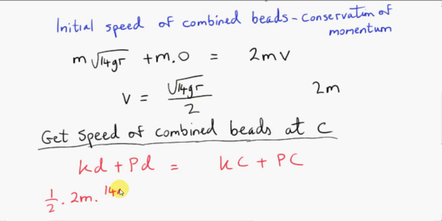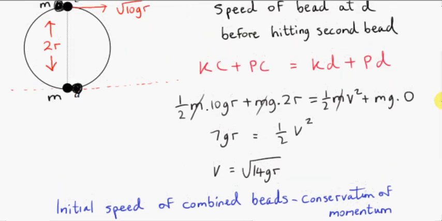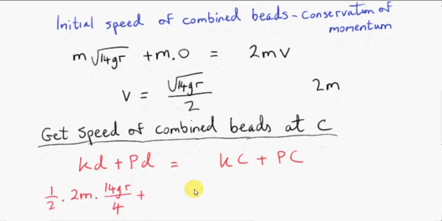Well, that's going to give us 14 GR over 4. What's the potential energy? Well, our reference level is this line here. So the height above this line is 0 when the beads are at point D. So it's the mass 2m times g times 0.